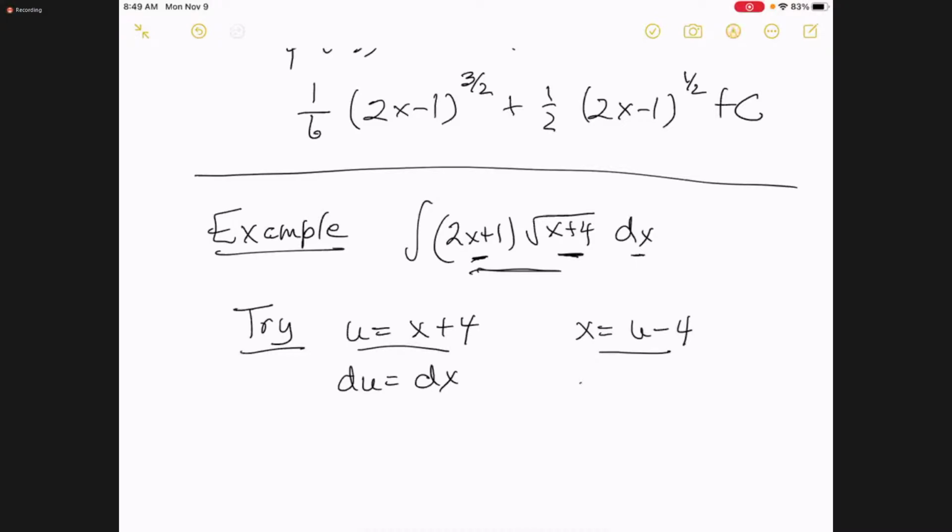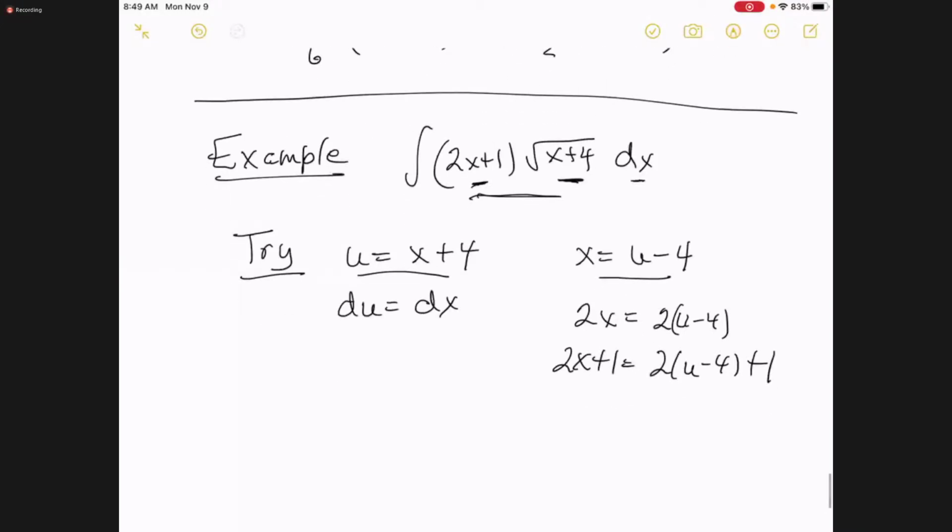So 2x is 2 times u minus 4, and 2x plus 1 is 2 times u minus 4 plus 1. Or I could expand that. That's 2u minus 8 plus 1, which is 2u minus 7.